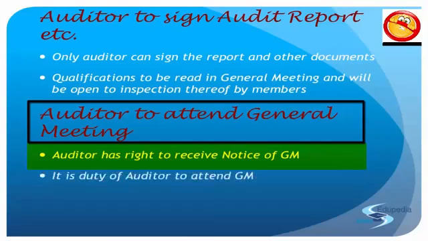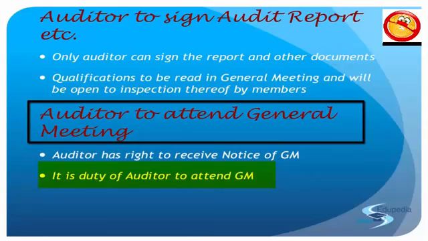Right. Is it the duty of the auditor to attend the general meeting? Yes, it is. The auditor shall always come and attend the general meeting. But if there is a situation where the auditor is not able to come himself, then he will authorize a representative who will come and attend the general meeting and also carry out the various procedures and parts that the auditor was supposed to play.